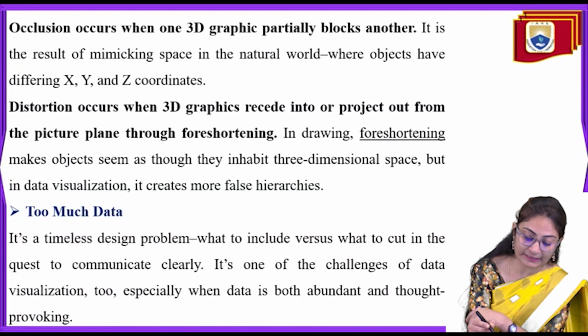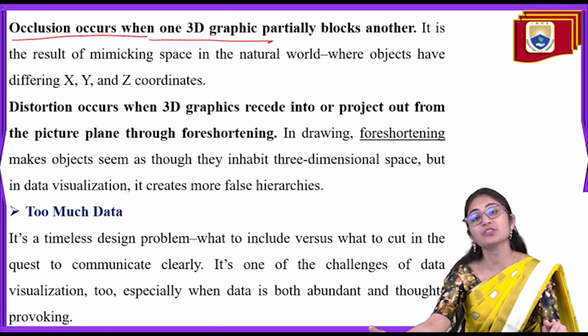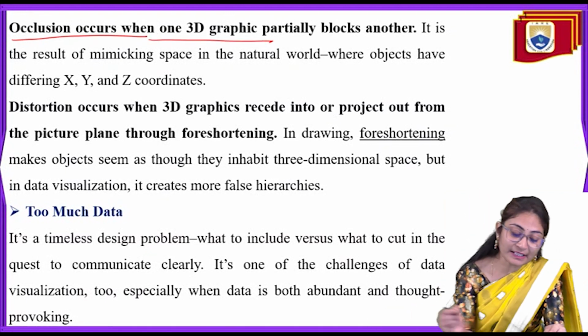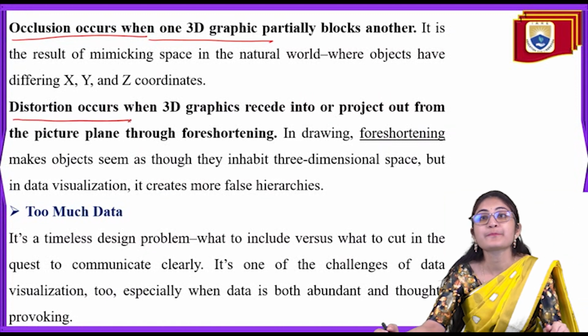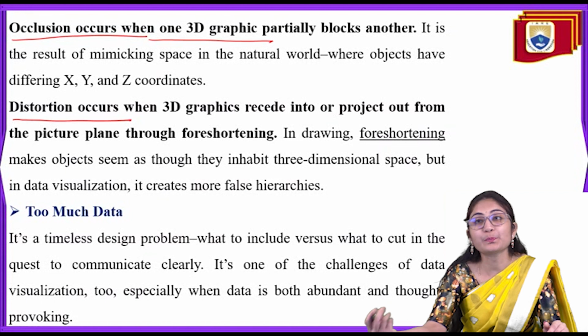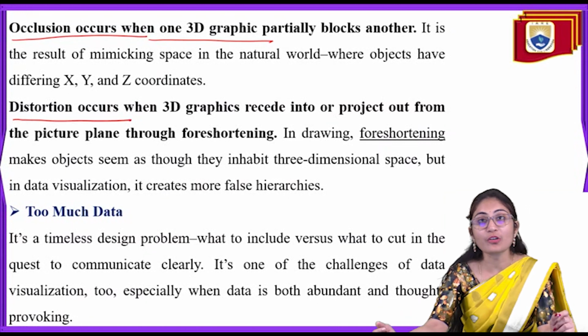The first one is occlusion, which occurs when one 3D graphic partially blocks another. The other one is distortion, which occurs when 3D graphics recede into or project out from the picture plane through foreshortening.